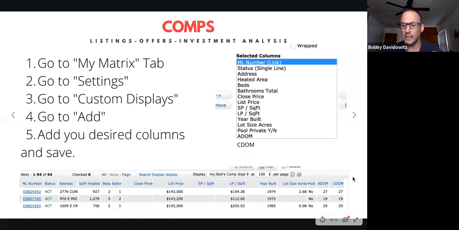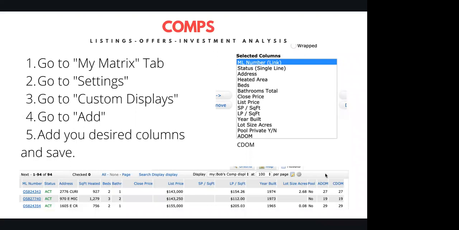So I can go into an area where I'm going to be listing a property and find every other agent who sold property in that area that might have some buyers for me. I can search for their emails and phone numbers, download all that information, and send mass emails to those people. So you can search for a ton of things in there. That's just a little pro tip.